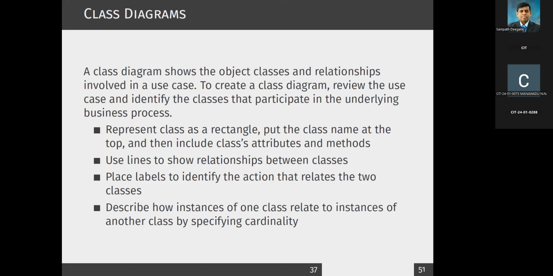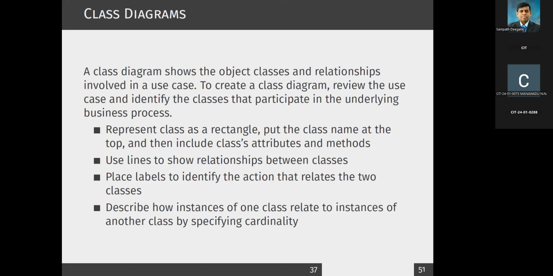For example, we can create a class for customer or member, a class for library staff, and then a class for book, right? And then we can represent their relations. Usually when we represent classes, we put a rectangle shape, and it involves three parts: we have name, attributes, and methods.